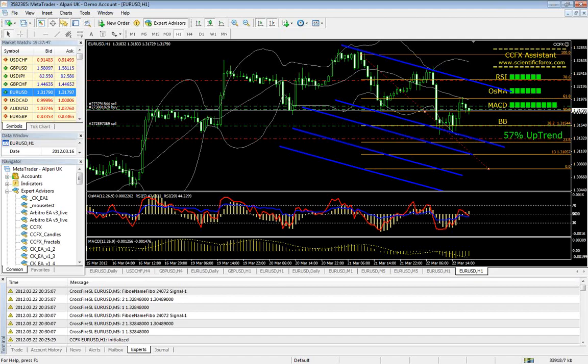So just take your time, take one by one. Don't use all of them in the beginning. As I said, start with Candle Force, then go with Crossfire, then Elliott Wave if you want. If not, go to the CCFX Trading Assistant. And this will be the best way to go with it.